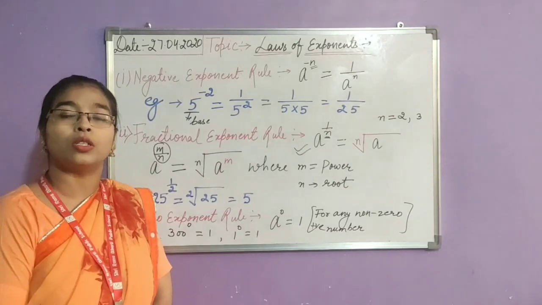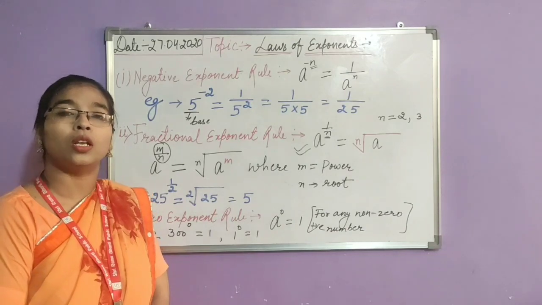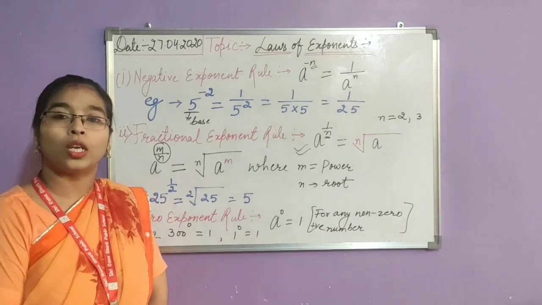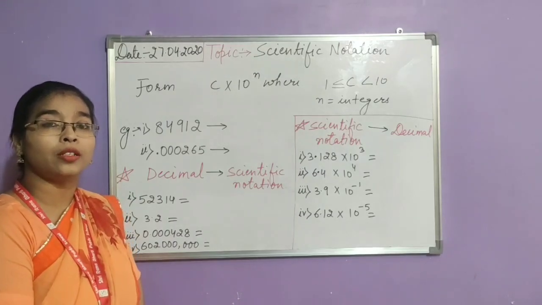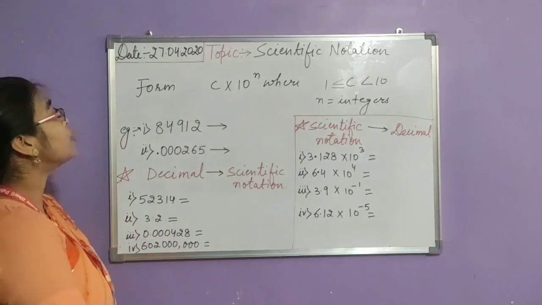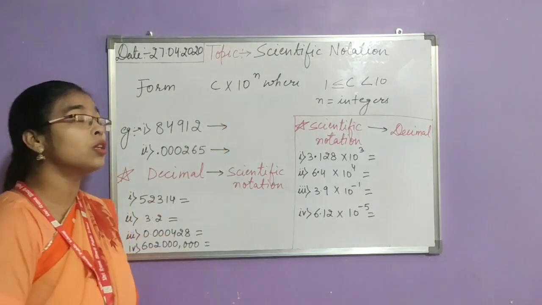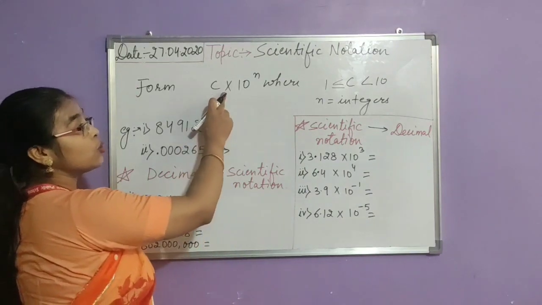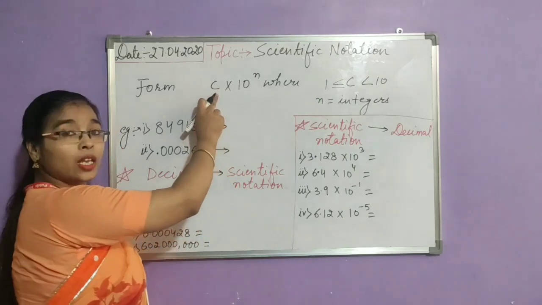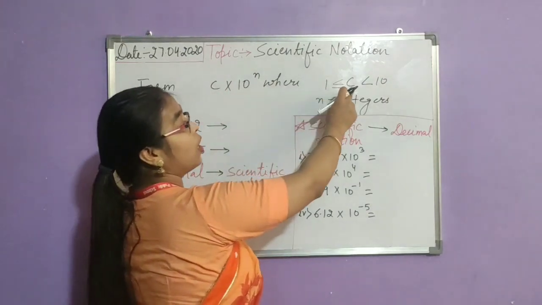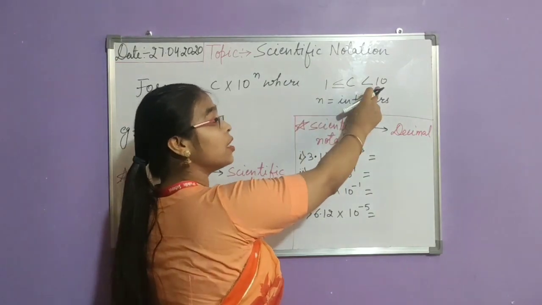Next we are going to discuss scientific notation, how we have to write down numbers in scientific notation form. So what is the form in which we write numbers in scientific notation? That is C into 10 raised to the power n, where C is a number greater than or equal to 1 but less than 10.